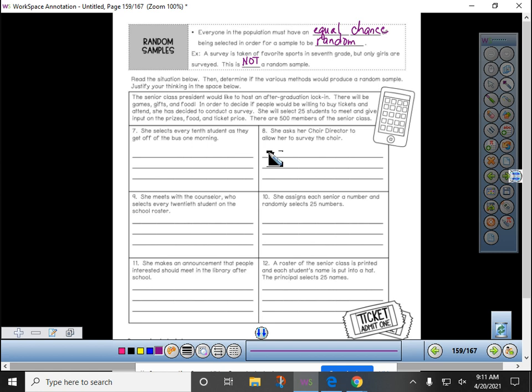Number 8, she asked her choir director to allow her to survey the choir. Is that random? No, they might like different stuff than the football team, right? Number 9, she meets with the counselor who selects every 20th student on the school roster. Yes. Is that random? Number 10, she assigns each senior a number and randomly selects 25 numbers. Yes.